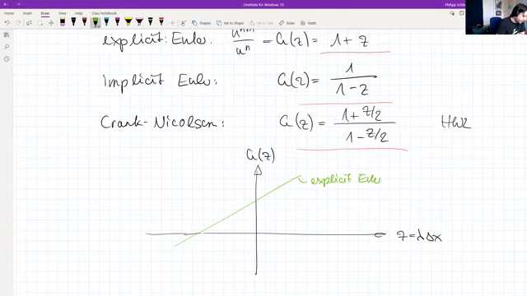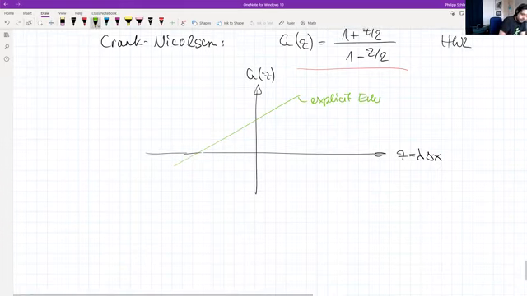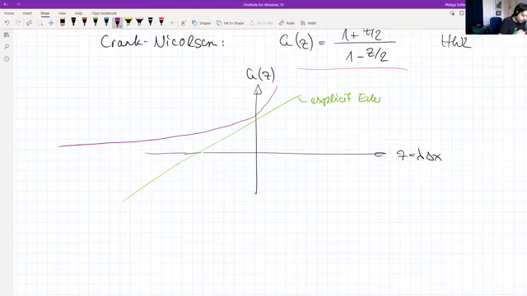Now I can plot it also for the implicit Euler scheme, so 1 divided by 1 minus Z. And that will be something that looks like this, perhaps. I need to be careful that I'm plotting it well. It should actually go through that point. So this would be the implicit Euler.